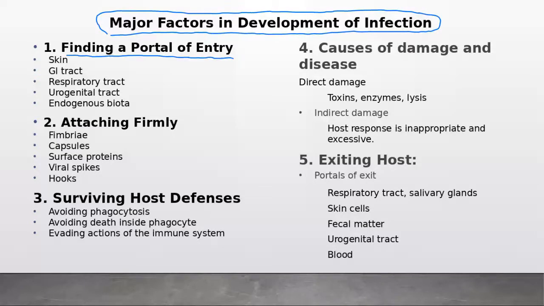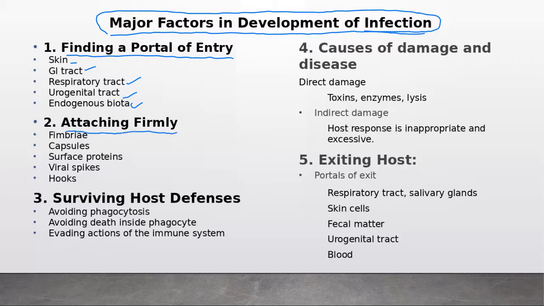Portal of entry will be organs that contact the environment directly, like skin, GI tract, upper respiratory tract, and urogenital tract. Some indigenous biota are also able to enter the sterile tissue and cause infection.